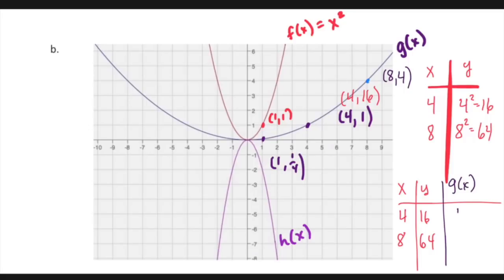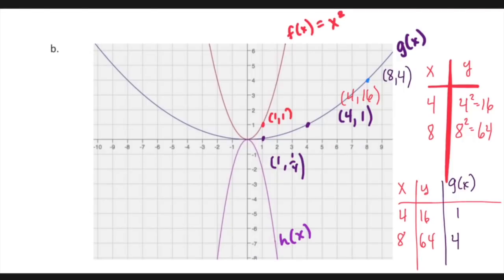So I have 2 x values that I can use to compare, when x equals 4 and when x equals 8. What is y? For my parent function, y would be 16 when x equals 4 and 64 when x equals 8. But for the g function, I notice that when x equals 4, y is 1, and when x equals 8, y is 4.